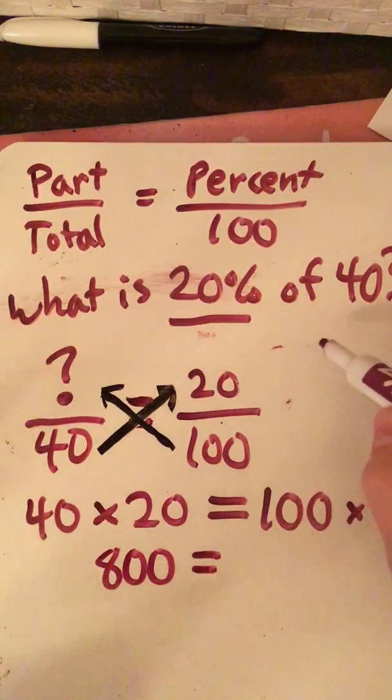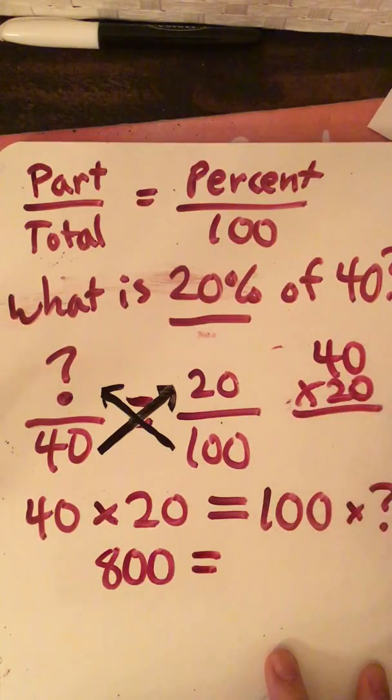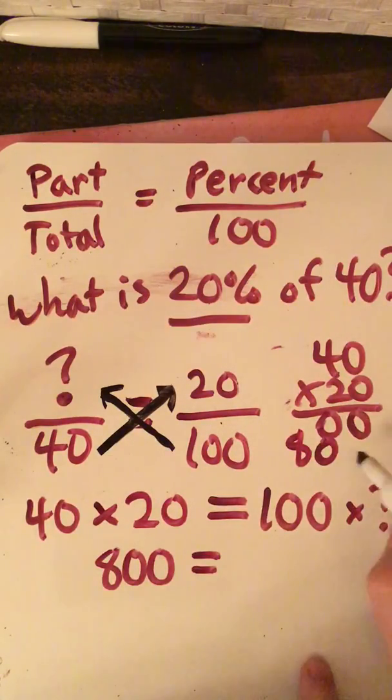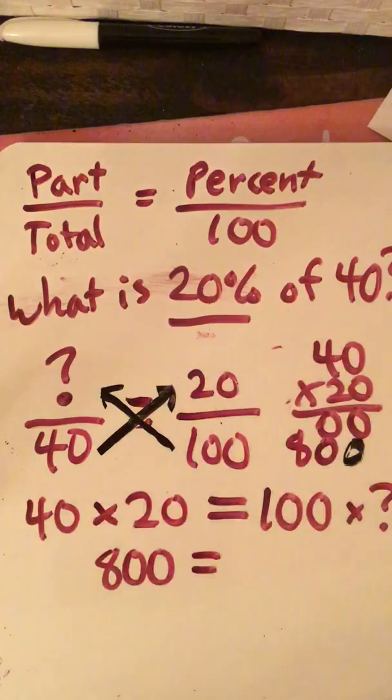And I can do that up here for you real quick. 40 times 20. Lining up my place values. 0 times 0 is 0. 0 times 4 is 0. 2 times 0 is 0. And 2 times 4 is 8. Remember, we have a ghost 0 there.